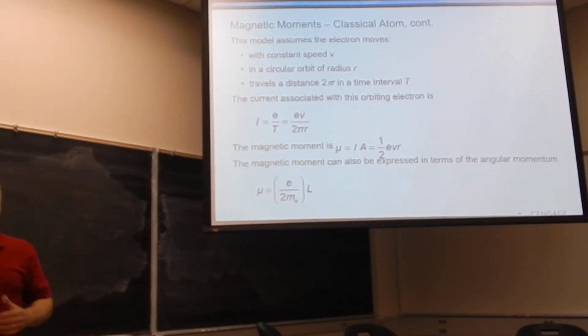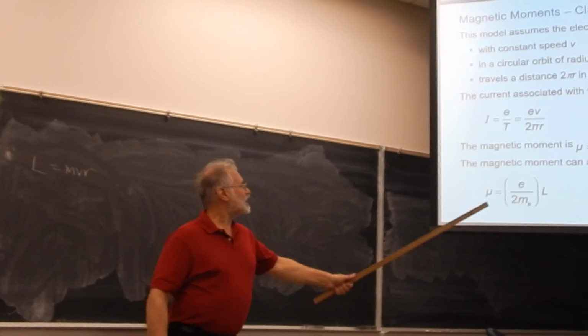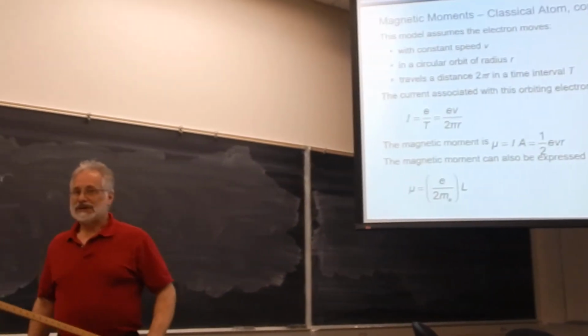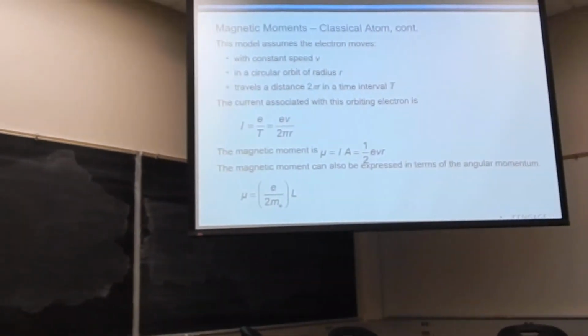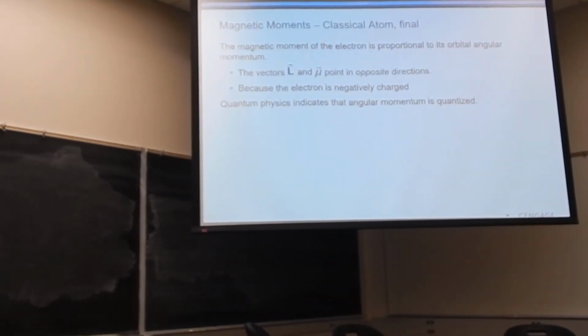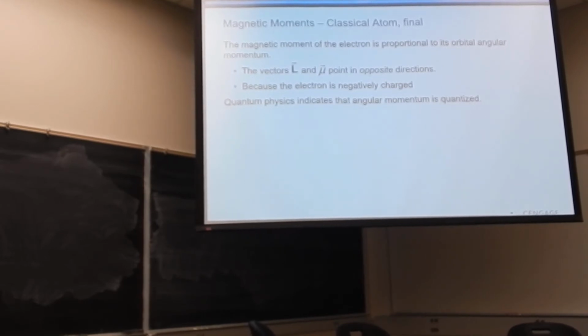So there's a nice relationship between the angular momentum of the electron and the magnetic moment. As we say, the vectors point in opposite directions because of the negative charge of the electron.